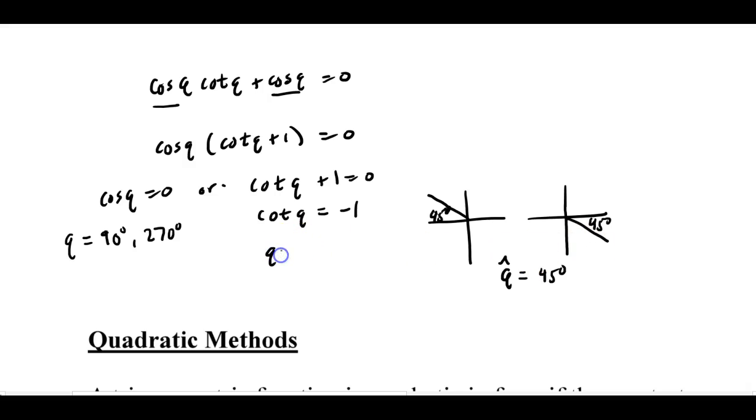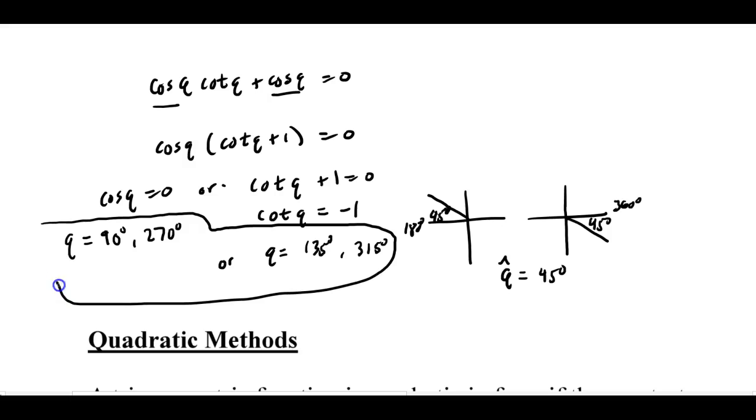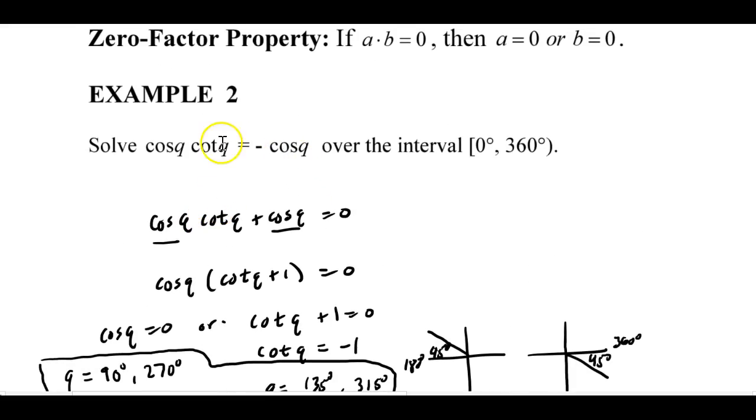For the first angle that's in quadrant 2, I would do 180 minus 45, which gives me 135. And for the angle that's in quadrant 4, I would do 360 minus 45, which gives me 315. And that would give me all the values of q between 0 and 360 that solve this equation.